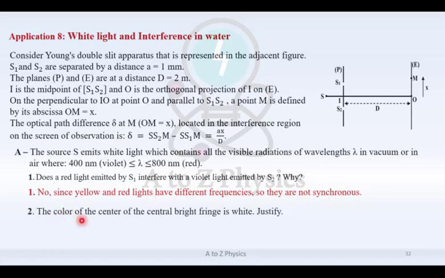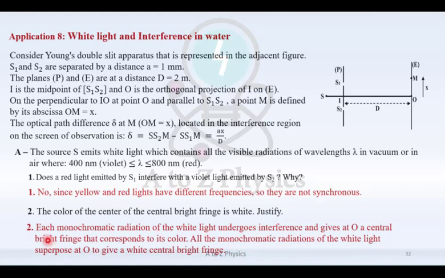Part 2. The color of the center of the central bright fringe is white. Justify. Each monochromatic radiation of the white light undergoes interference and gives at O a central bright fringe that corresponds to its color.